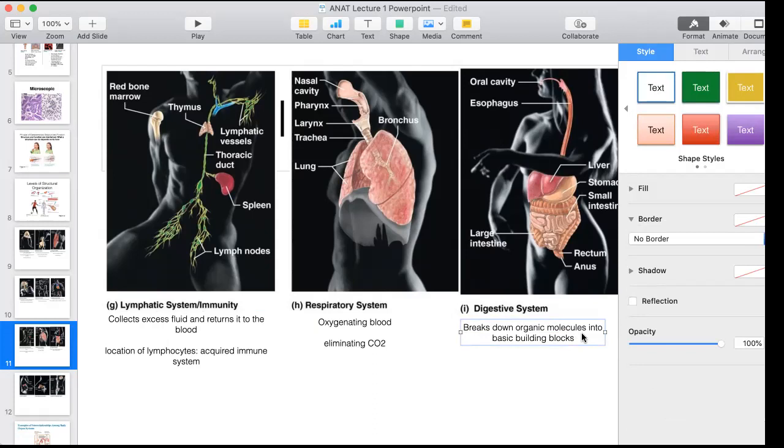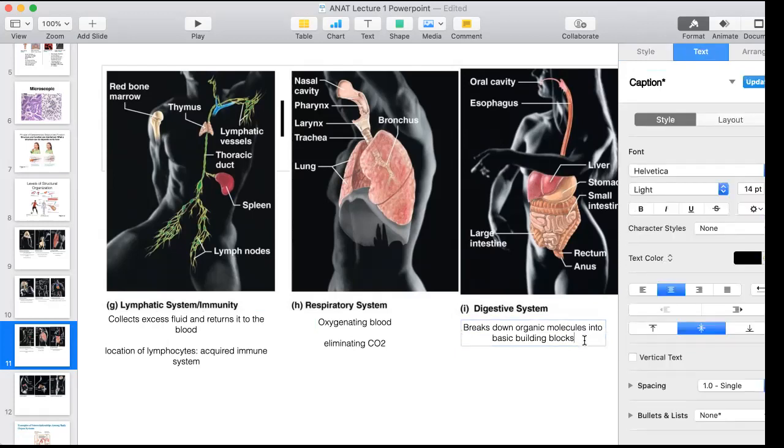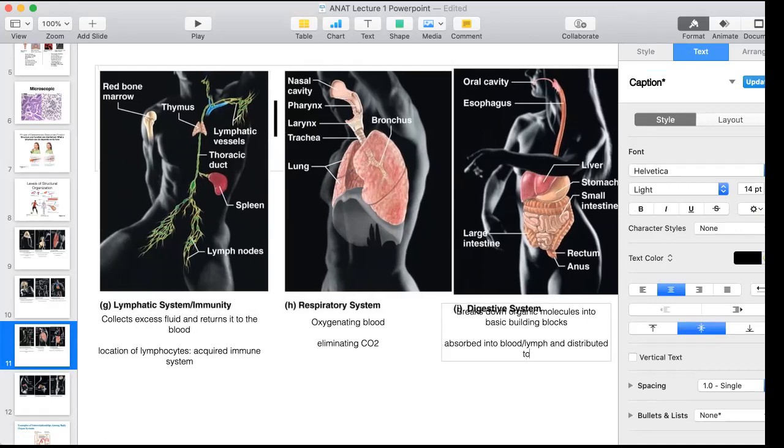There's nucleotides, which make up nucleic acids like DNA, and then fatty acids, which make up fat. When these are broken down into their basic blocks, they're able to be absorbed into the blood, lymph, and distributed to cells.